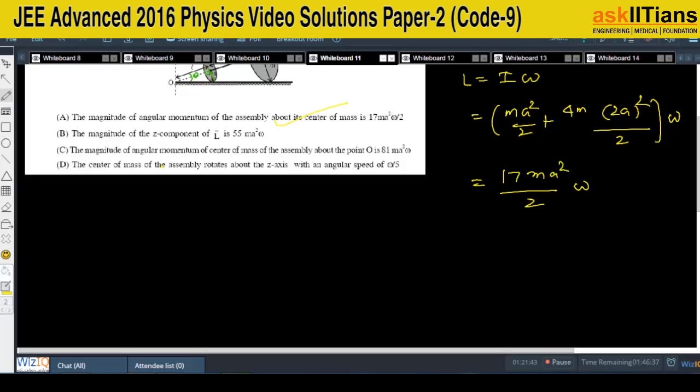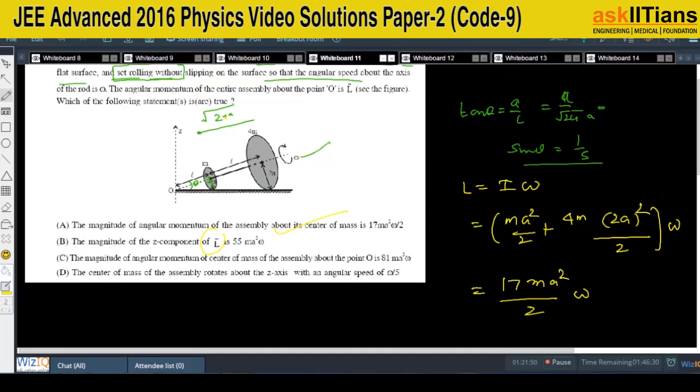Now we are going to calculate the magnitude of the z component of angular momentum, which is 55 ma². So we are going to calculate angular momentum about this point. For this we need to calculate the separation of this distance. Let it be x. This would be a triangle like this, with a and √24 a as sides.